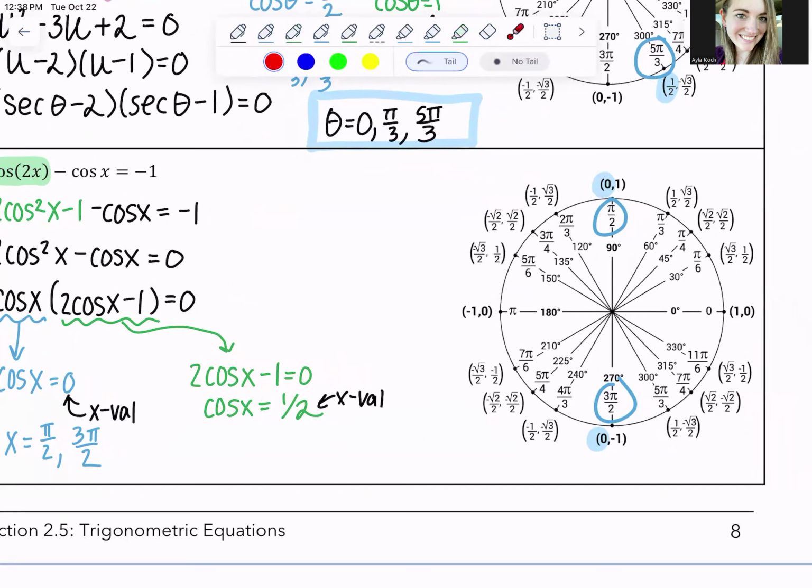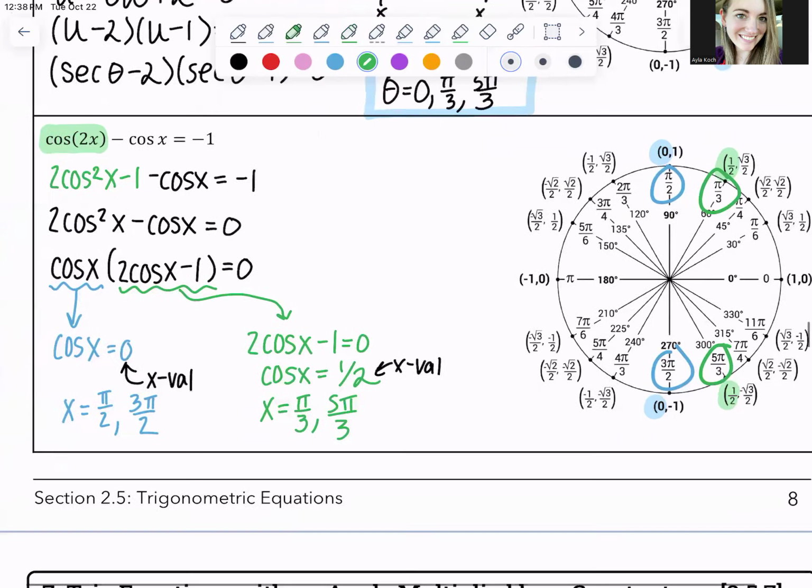I know positive x values happen on the right-hand side of the circle. I have pi over 3 and 5 pi over 3. So x is equal to pi over 3, 5 pi over 3.